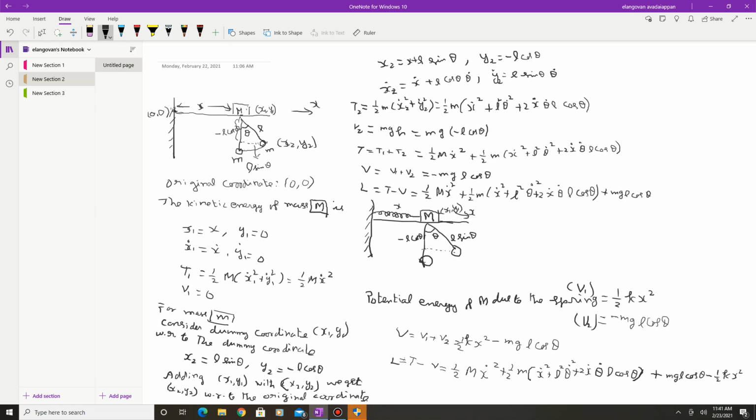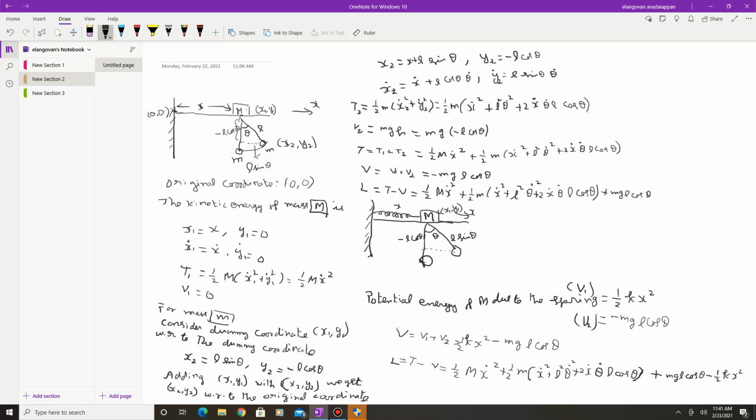The Lagrangian of the system is equal to T minus V. T is the total kinetic energy, V is the total potential energy. T minus V is called the Lagrangian. So now you substitute the values that you have already obtained for T and V. This is half M x dot square plus half m into x dot square plus L square theta dot square plus 2 x dot theta dot L cos theta.